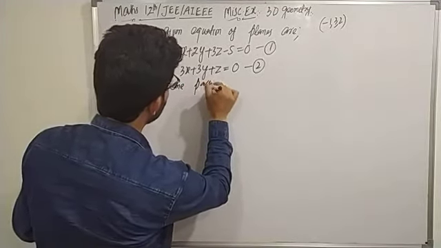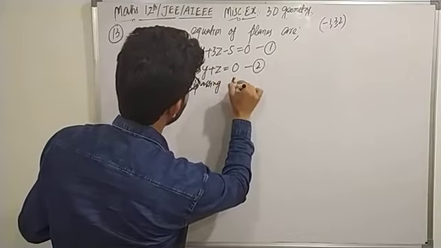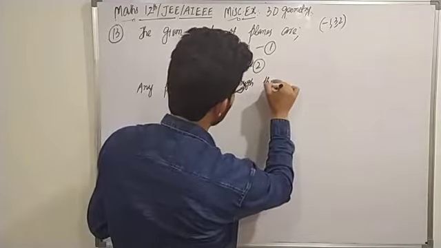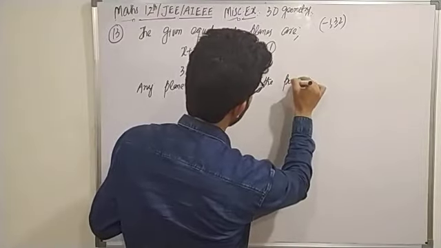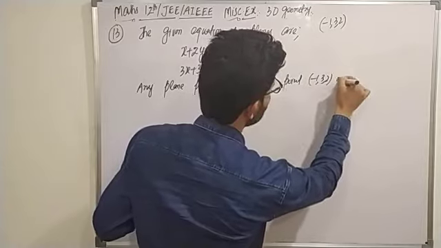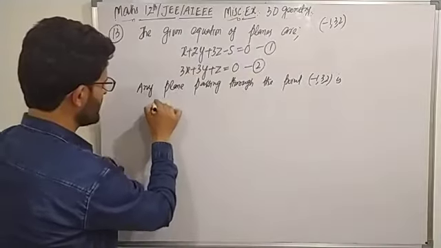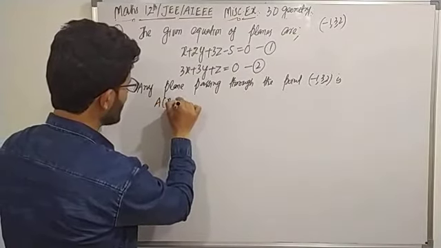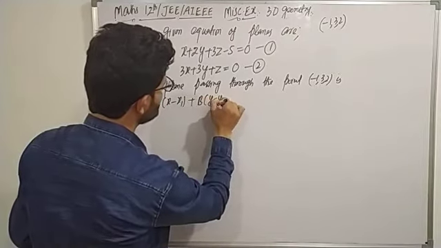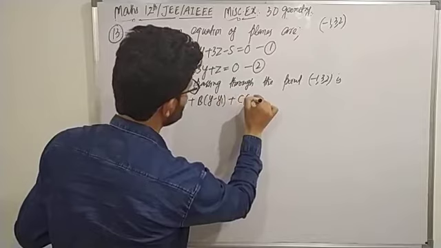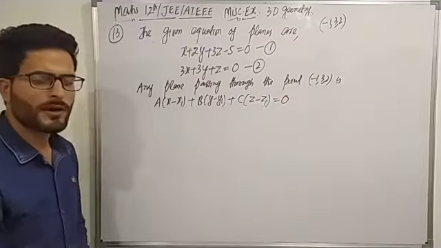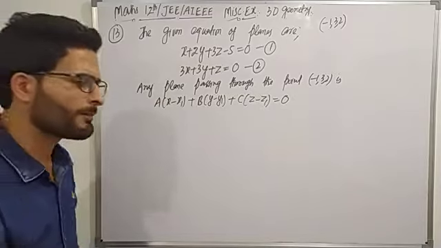passing through the point -1, 3, 2, what will be its equation? a into x minus x1 plus b into y minus y1 plus c into z minus z1 is equal to 0, because of the one point form of equation of plane.